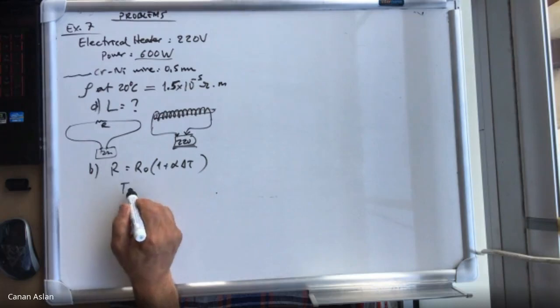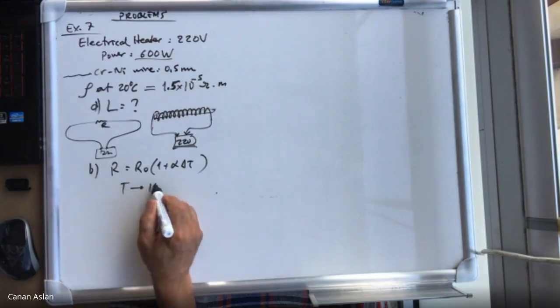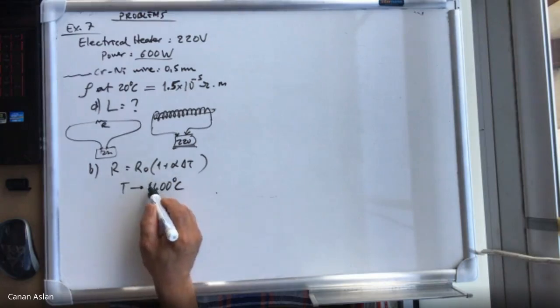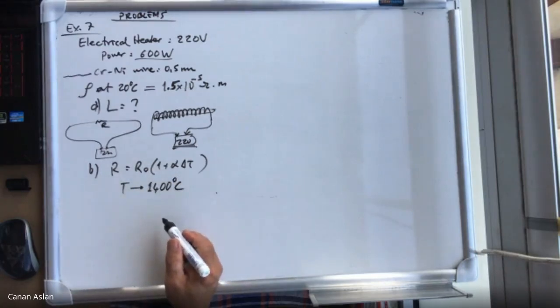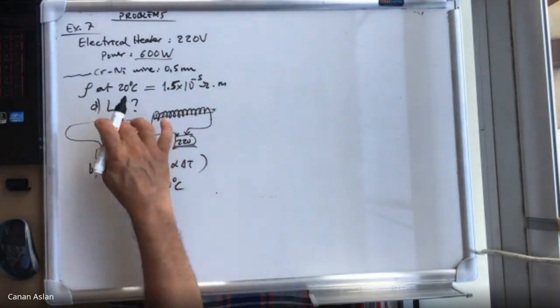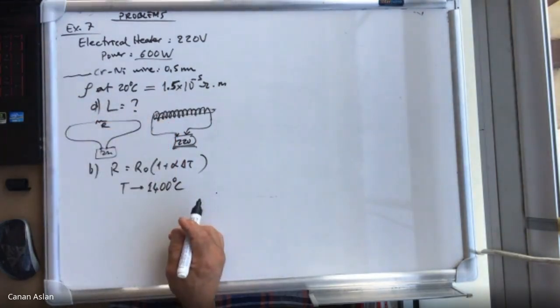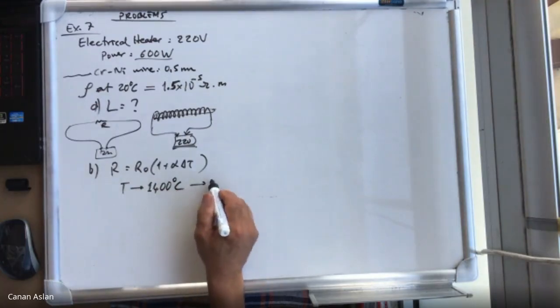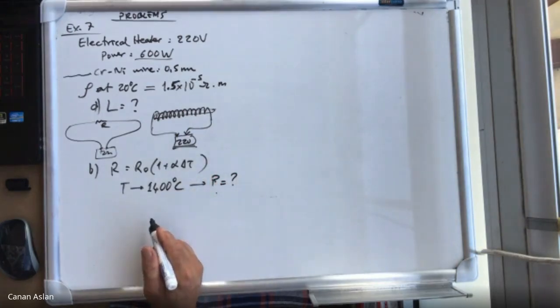So now if T is 1400 Celsius, think about this temperature. 1.4 thousand Celsius, it's very hot. You cannot really be near that. So in this case, what power is delivered? That is the question.